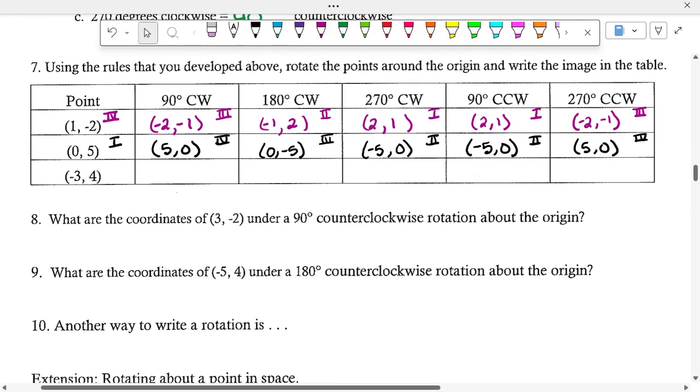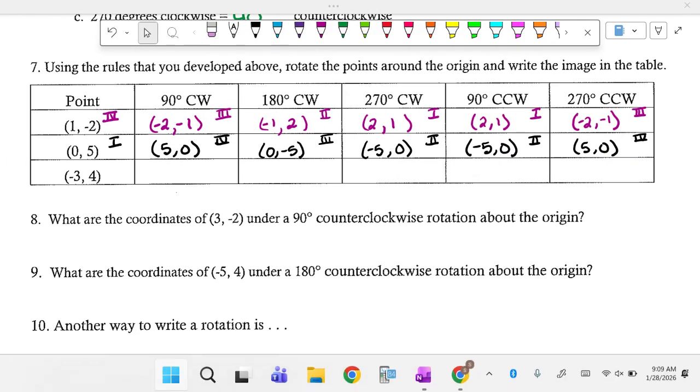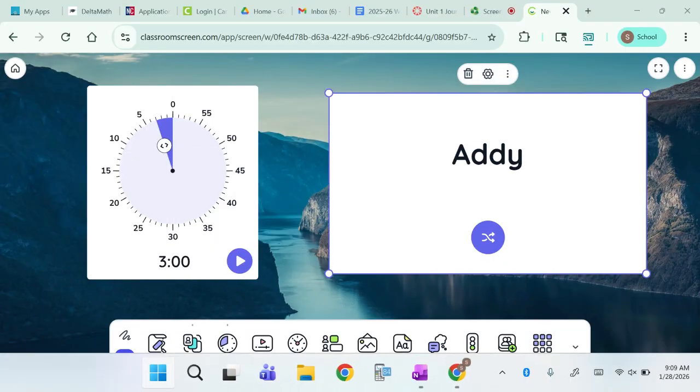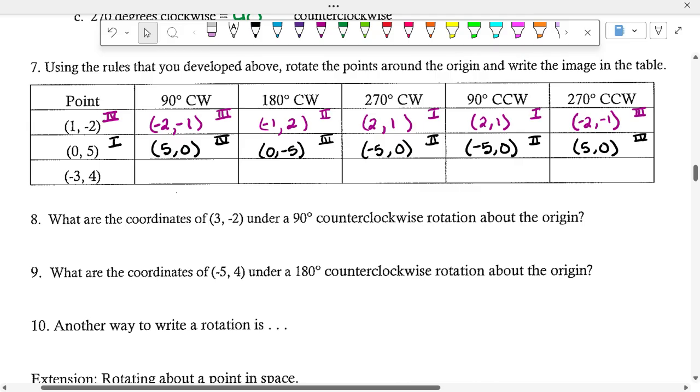All right. Last one. Let's go Addie. First off, we know that -3, 4 is in what quadrant? 2. So if I go 90 degrees clockwise, what quadrant will it end up in? It'll end up in 1.